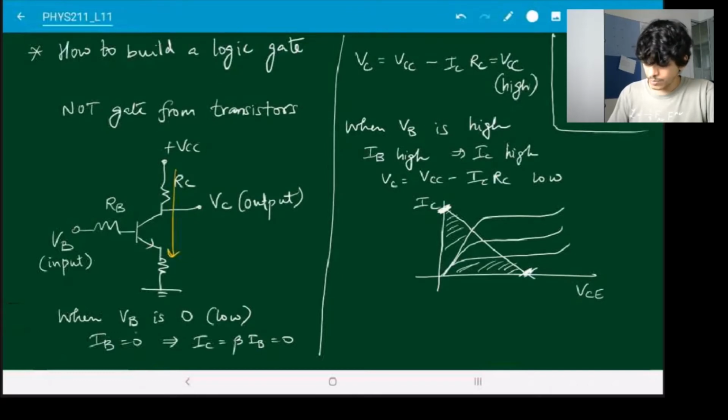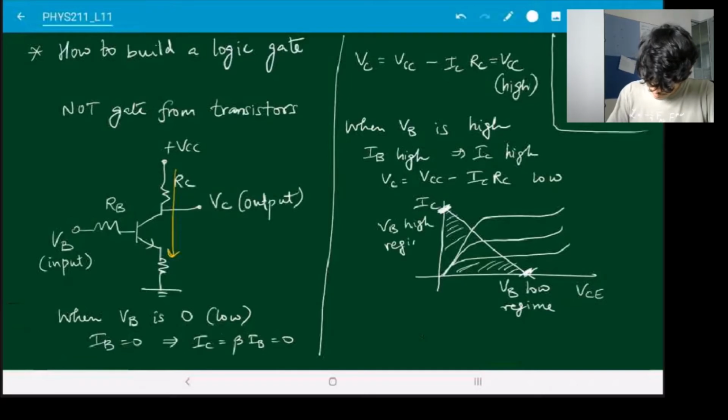Depending on whether VB is low or high, when VB is low, you are sitting at IC 0. So this is the VB equal VB low regime. And this is the VB high regime. So depending on the VB, your circuit keeps switching between saturation and cutoff. So VB equal to 0, then VC equal to high.